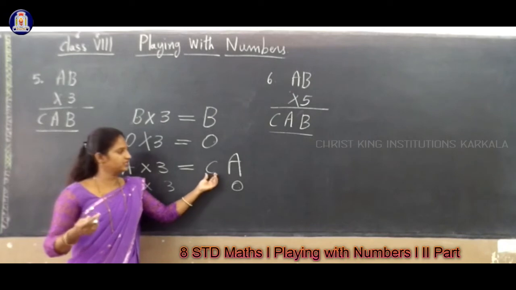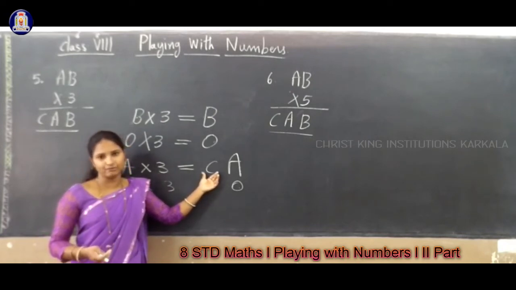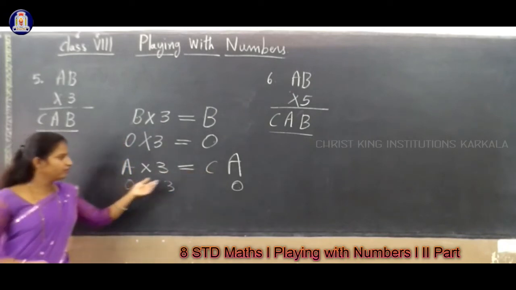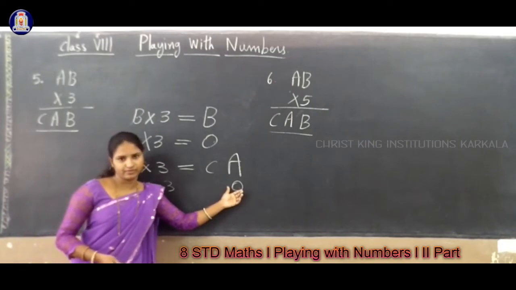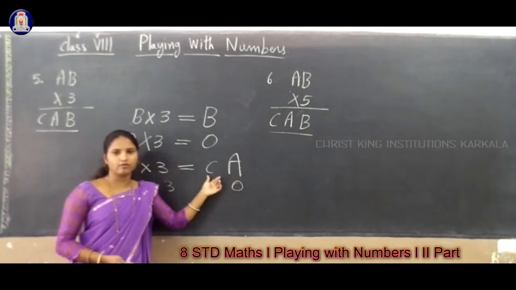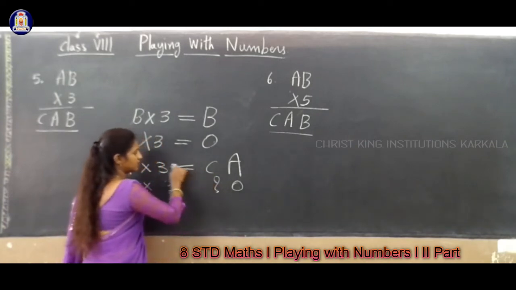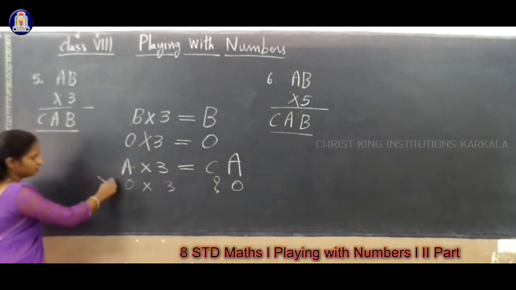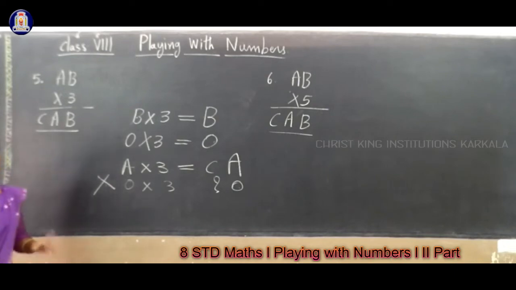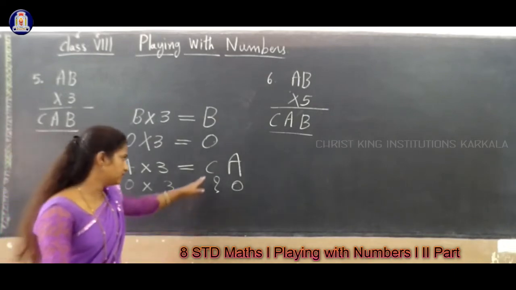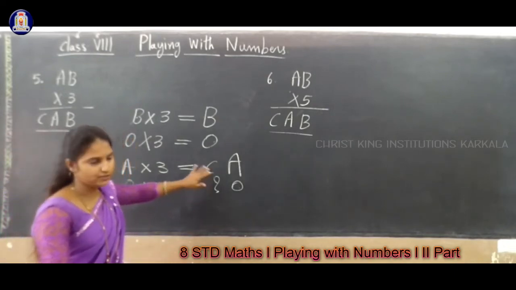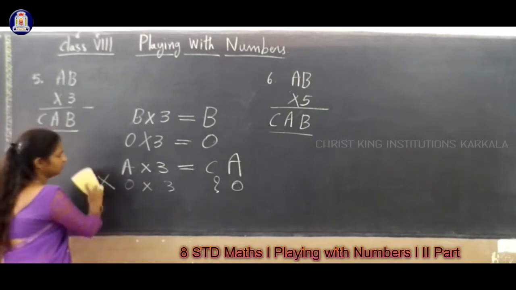We don't know, isn't it? If you multiply by 0, we get only 1 digit, 0. So we will not get any value for C. So A is equal to 0 is not possible. You must get a 2 digit number.